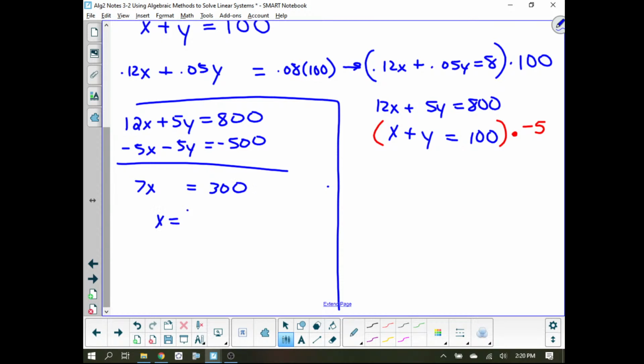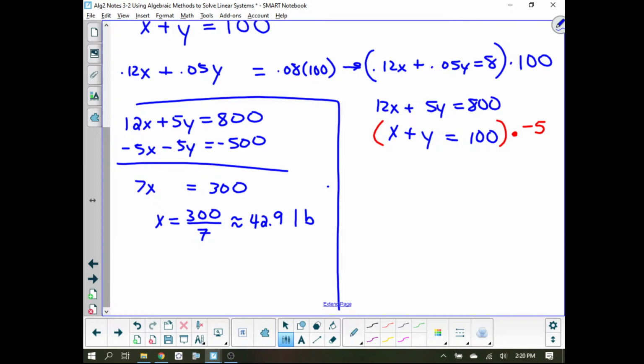So x equals 300 divided by 7. As a decimal, that is approximately 42.9 pounds. That's how much of what? That's how many pounds of feed A.